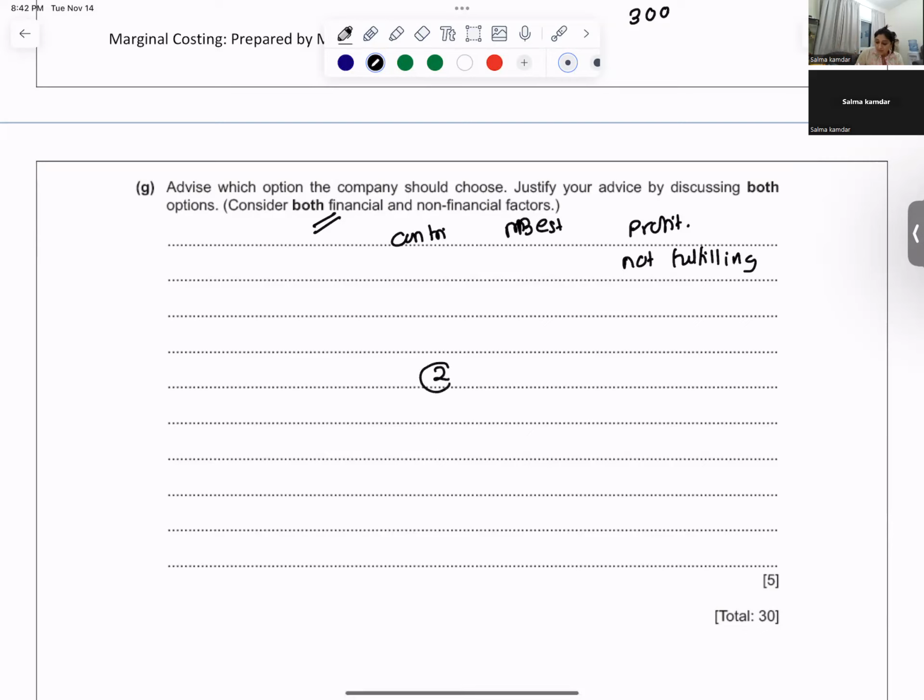If you are choosing option 2, then you are making a loss for the month, but you are keeping your main customer happy, which may give you a long term benefit. If the company has the position to bear the loss, they can fulfill the customer's order, or otherwise they should normally adopt the optimum product plan.